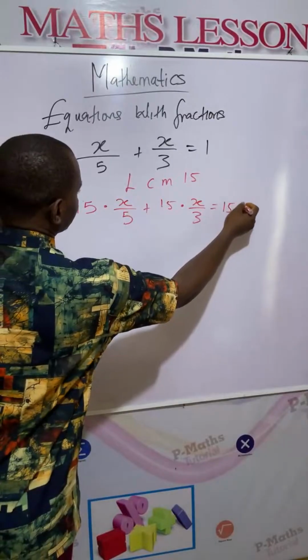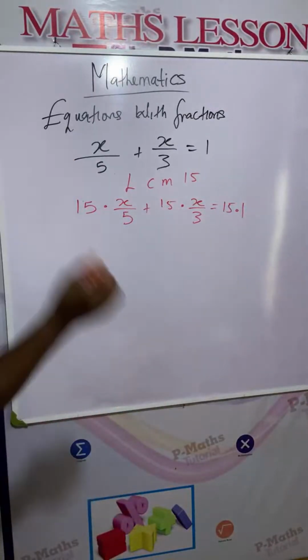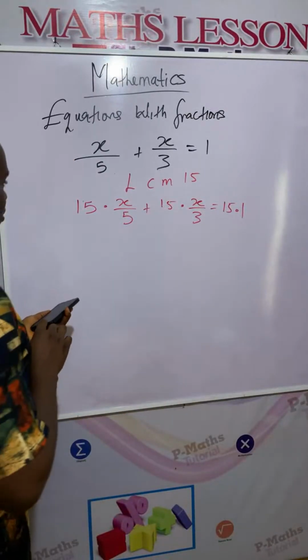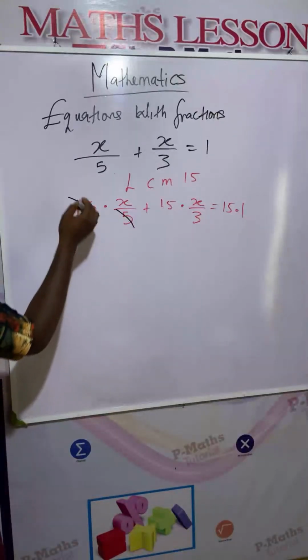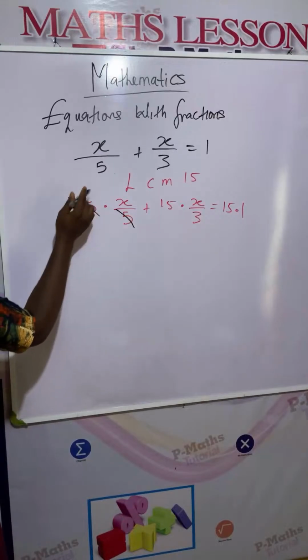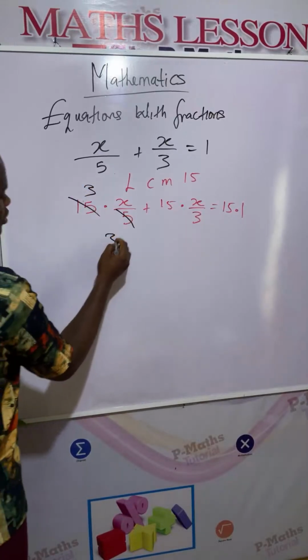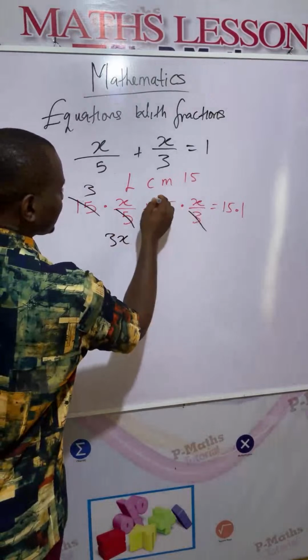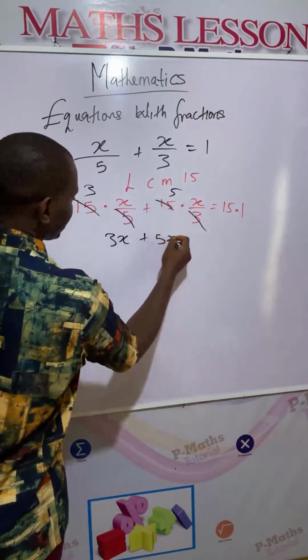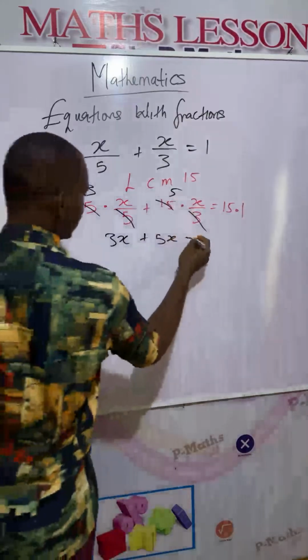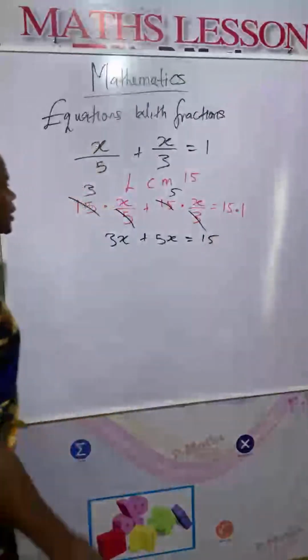to 15 times 1. Next, we divide and collect like terms. 5 divides 15 to give us 3. 3 times x is 3x. 3 divides 15 is 5. 5 times x is 5x equal to 15.